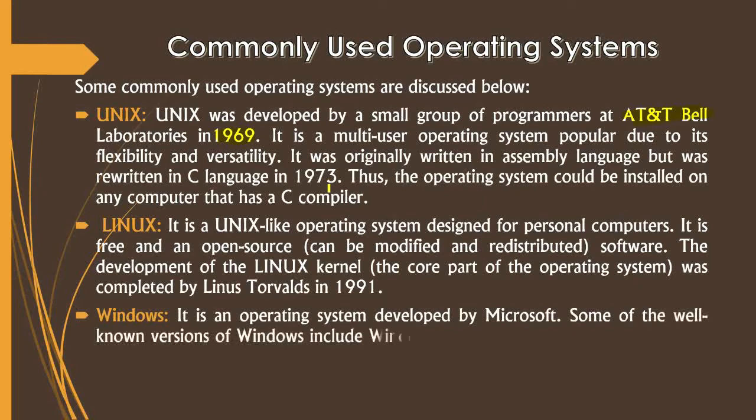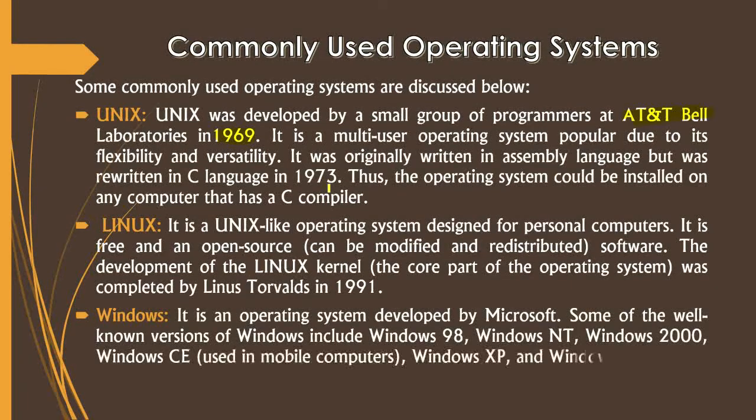So, as I said, Windows now. Windows is an operating system developed by whom? Microsoft. Microsoft, most of you know already. Some of the well-known versions of the Windows operating system include Windows 98, which is already obsolete, Windows NT, which is new technology, Windows 2000, Windows CE used in mobile computers, and Windows XP, already obsolete now, and Windows 7.